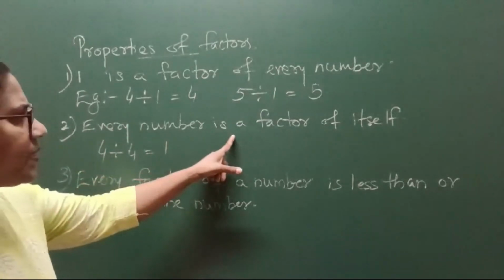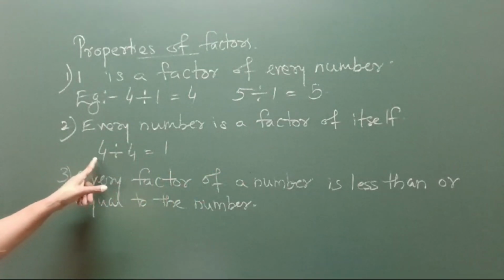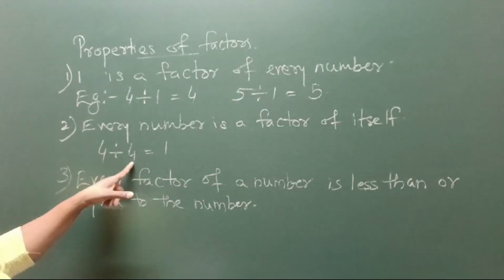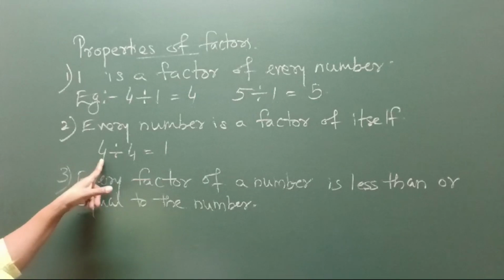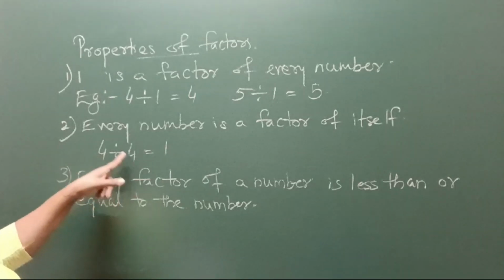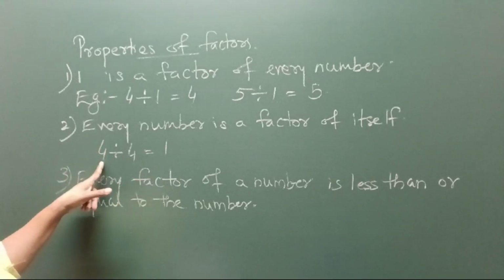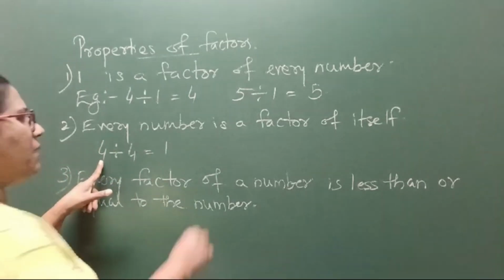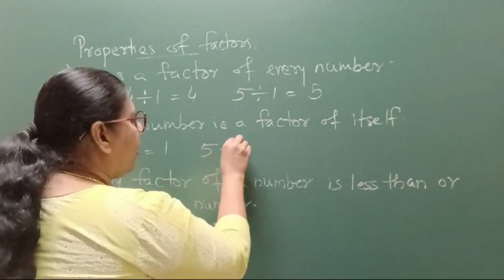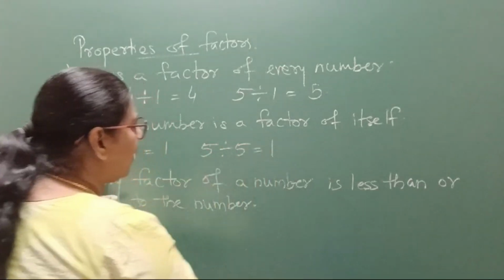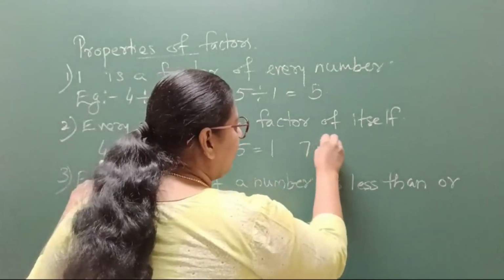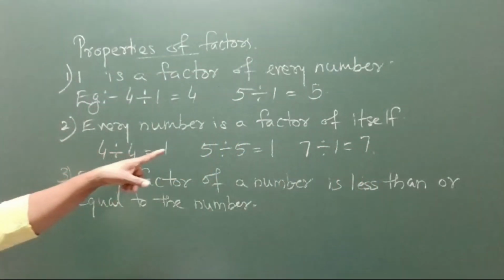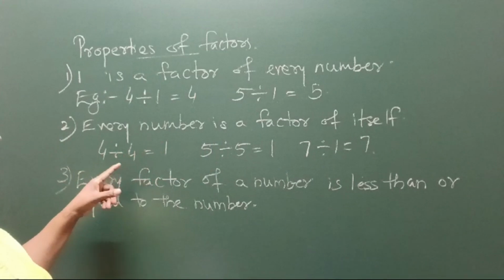Every number is a factor of itself. 4 is a factor of number 4. Same here, 5 divided by 5 is equal to 1. Say 7, 7 divided by 7 is equal to 1. Every number is a factor of itself.